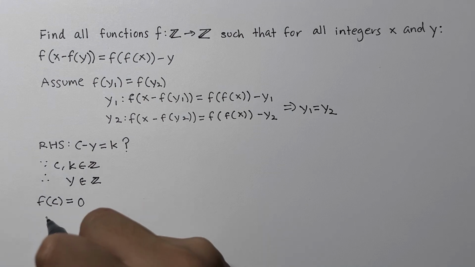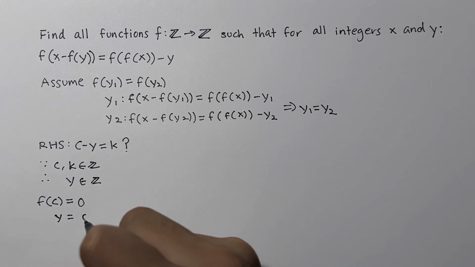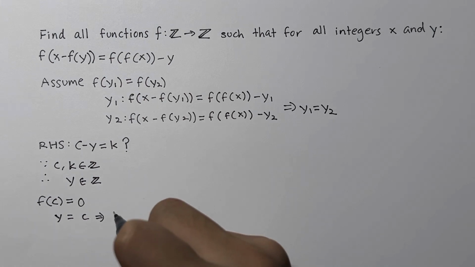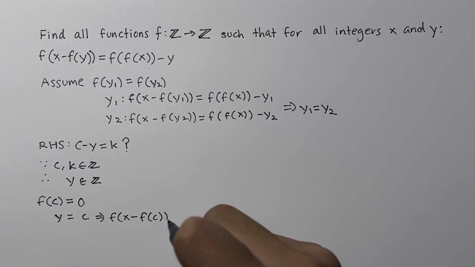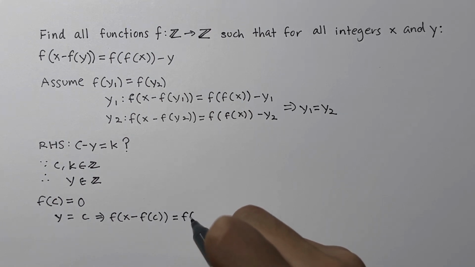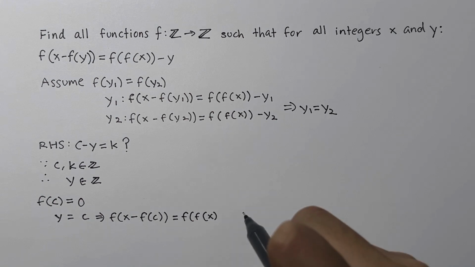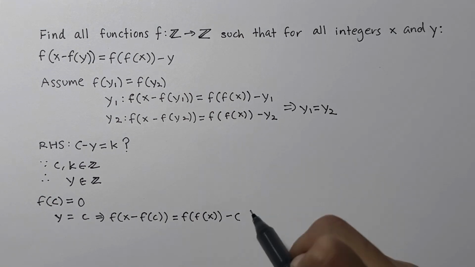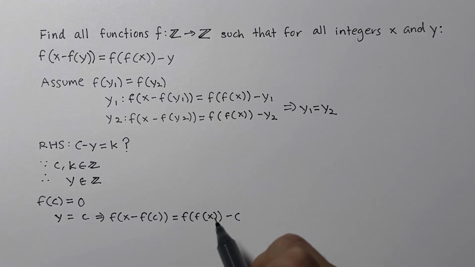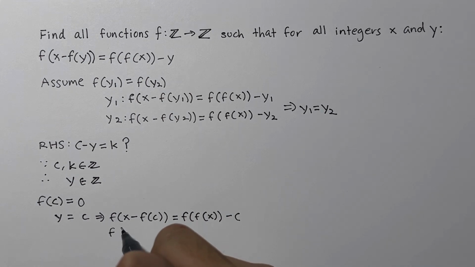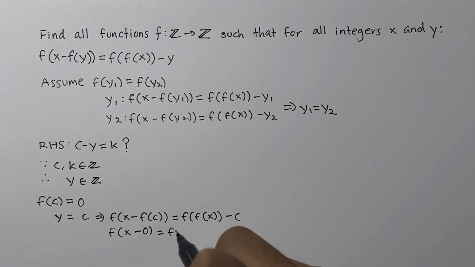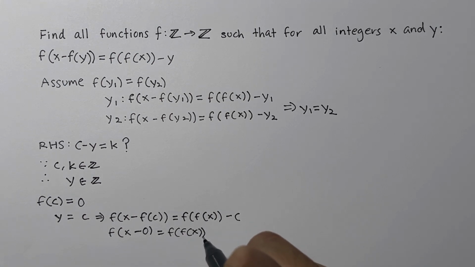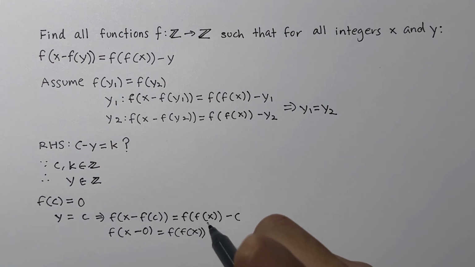So plugging in y equals c would give us f of x minus f of c equals f of x minus c. And then, since f of c equals 0, we'll have f of x minus 0 equals f of x minus c.